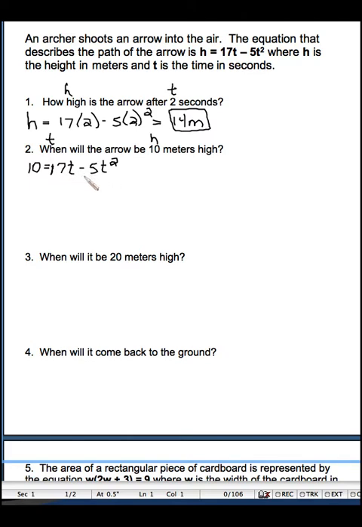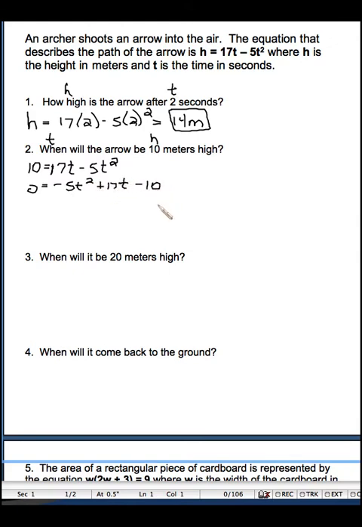We haven't ever done this. I've always said make your t squared term positive, because that way you can check to see if you can factor. But if you know you're going to use the quadratic formula, we could move this 10 over and have negative 5t squared plus 17t minus 10.